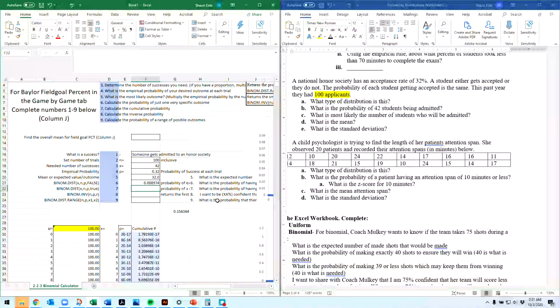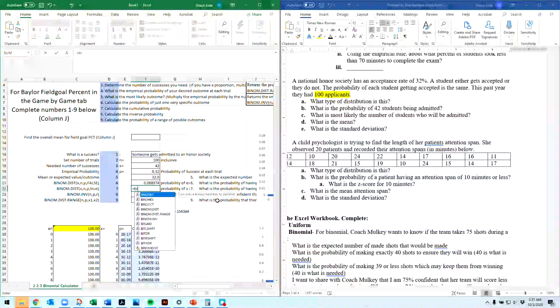Okay, and so the probability of success here is 0.008974. So it's a very minuscule number.